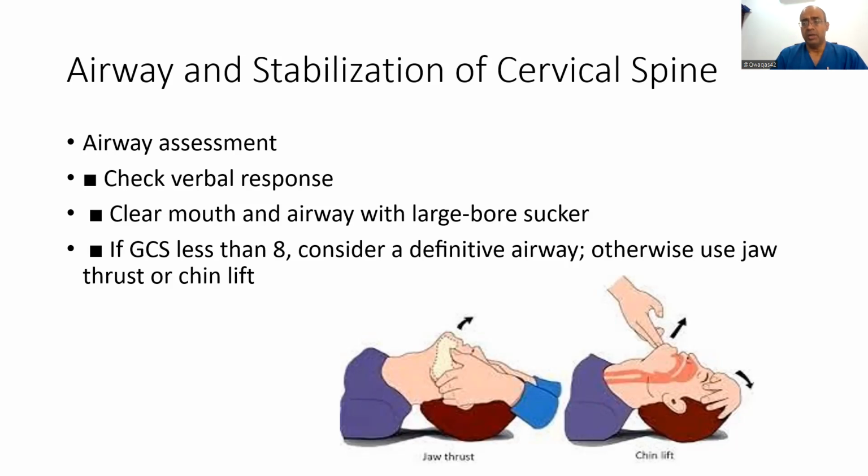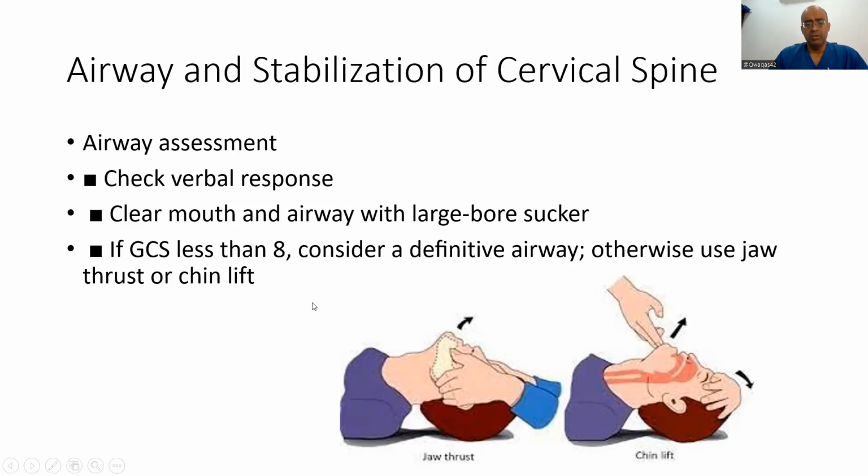If the patient is not communicating and unconscious, first of all, you have to open the mouth of the patient and remove any secretions, dentures and foreign bodies which are present in the oral cavity, and you remove the secretions with a large bore suction. Similarly, when we assess the patient for head injury, if the Glasgow Coma Scale is less than 8, then the patient is going to require a definitive airway, otherwise the airway is going to collapse.